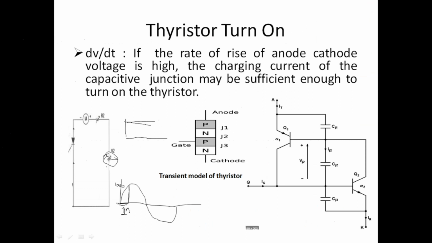So dV is 1000, dt is 2 milli, so 500 by milli goes to the numerator, 500k. So dV by dt is 500 into 10 to the power of 3.